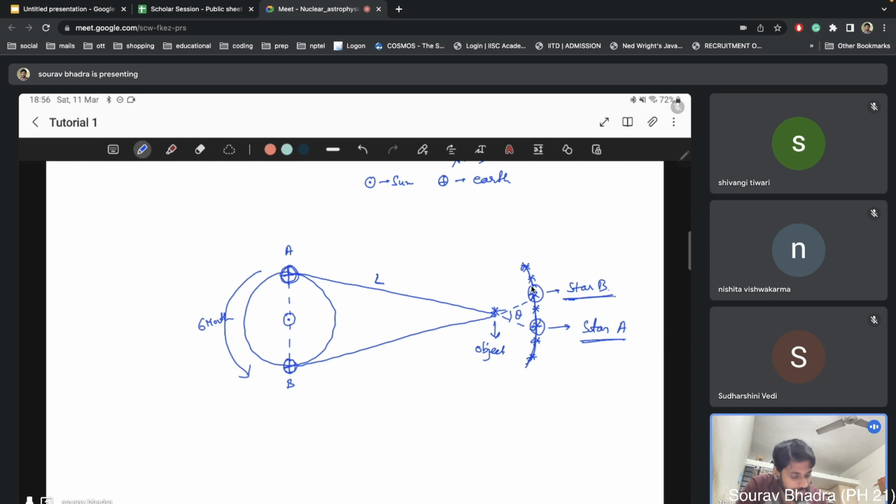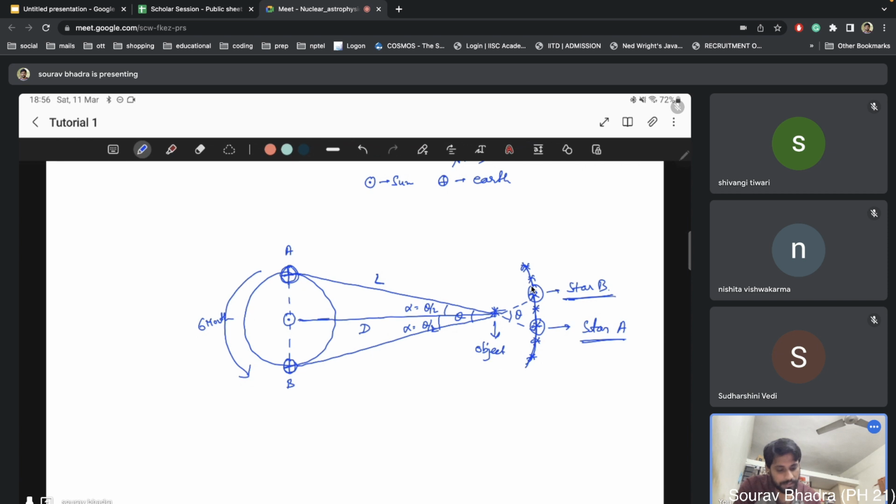Let the separation be theta, and from the geometry you can see this angle is also theta. This line is D. Roughly, because it is a very large distance, it will divide the angle into theta by 2 and theta by 2, which I call alpha. So alpha is theta by 2.